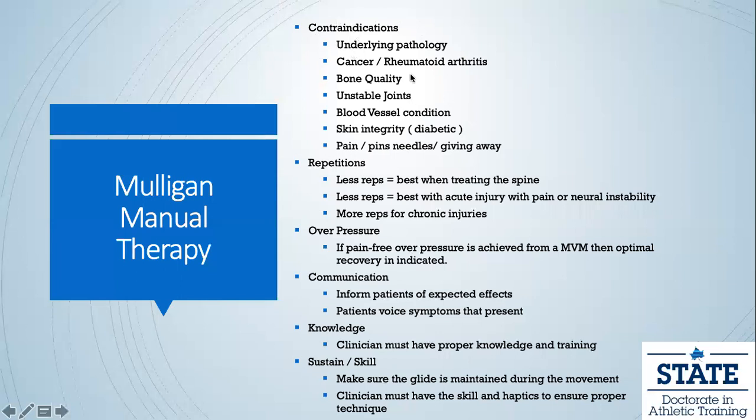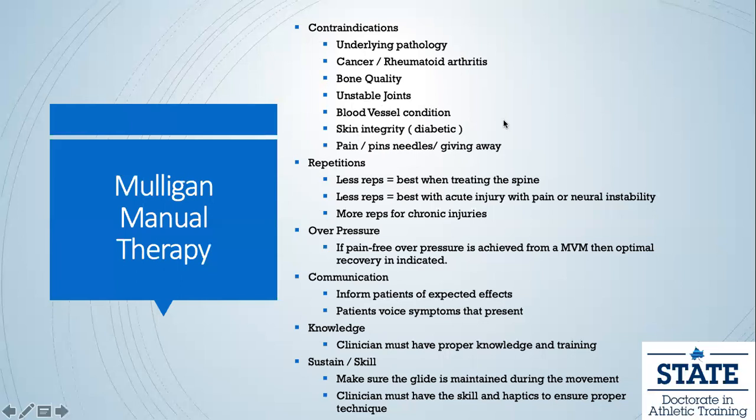So contraindications, mainly for any manual therapy in general, but take note of the underlying pathology, like cancer, rheumatoid arthritis. Take note of bone quality. Make sure there aren't any unstable joints.